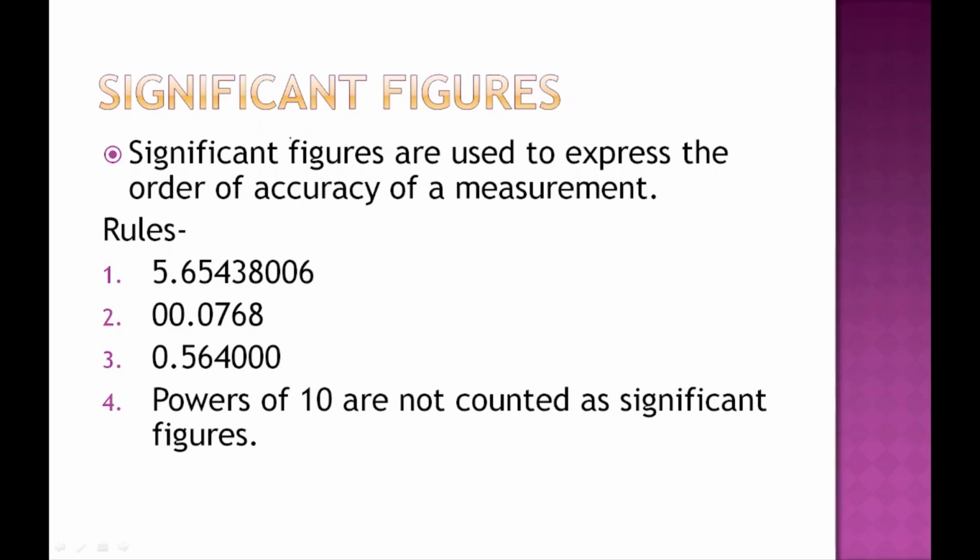Now, as you can see here, the definition for significant figures is that these are used to express the order of accuracy of a measurement. What do we mean by order of accuracy? Say you have got two values of the same measurement.